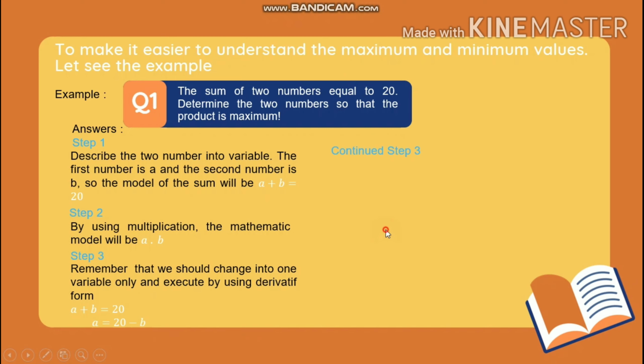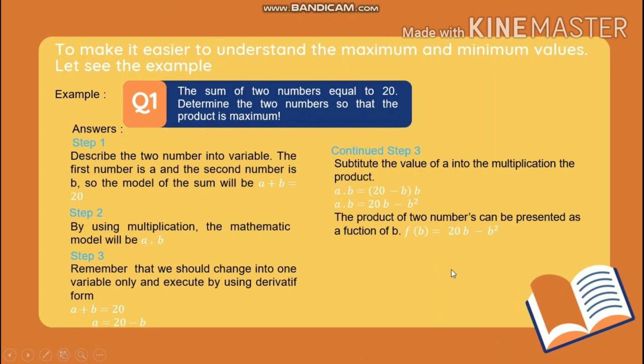Continue step 3. Substitute the value of A into the multiplication, the product. A multiplying by B equal to, in the bracket, 20 minus B from here, and multiplying by B equal to 20B minus B squared.